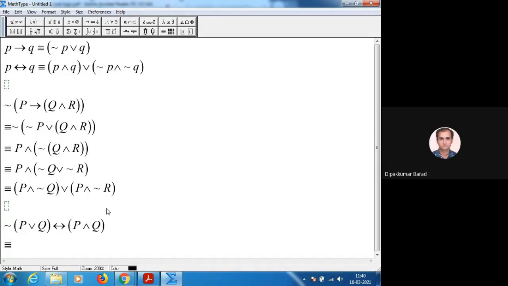So according to this, first P and Q, which I can write as, I copy this for Q. Now I have to use and, and Q means capital P and Q, and then or.